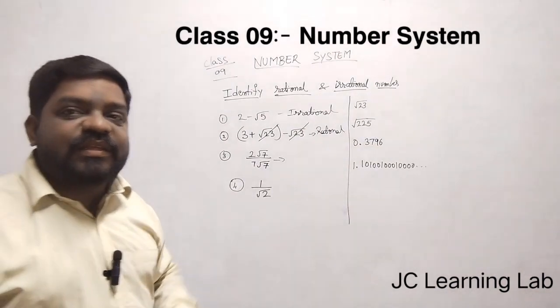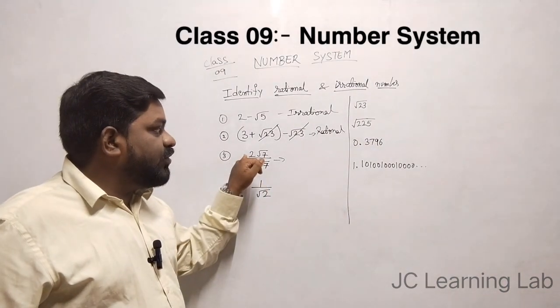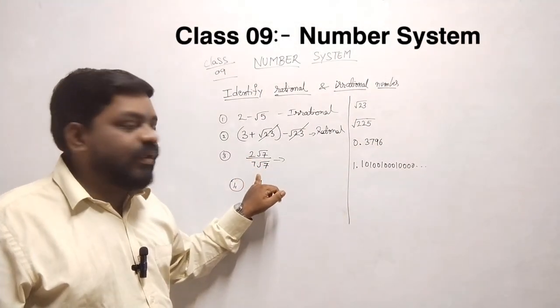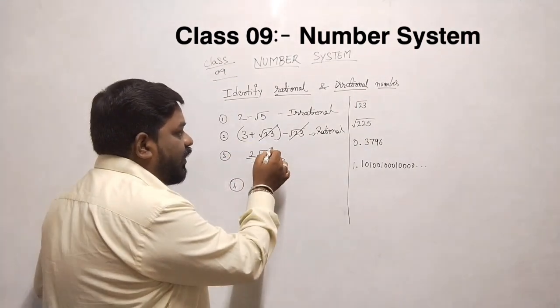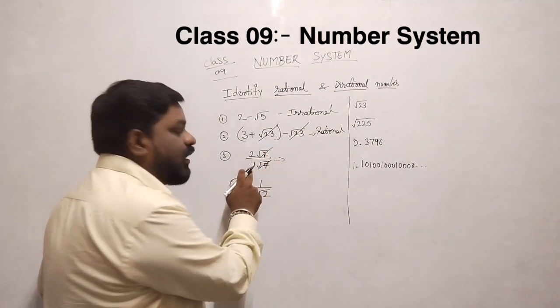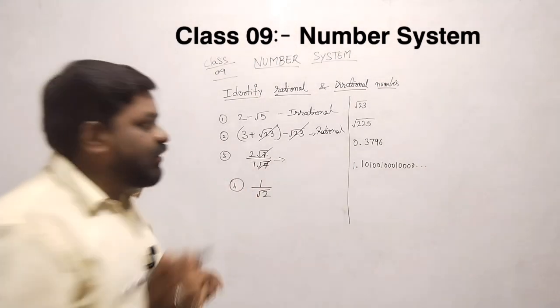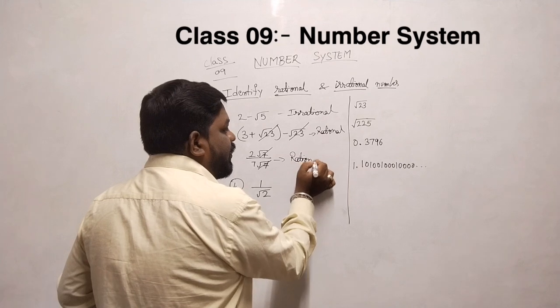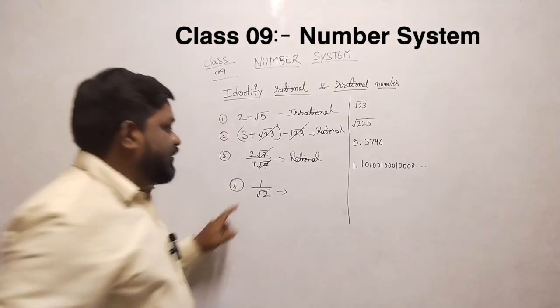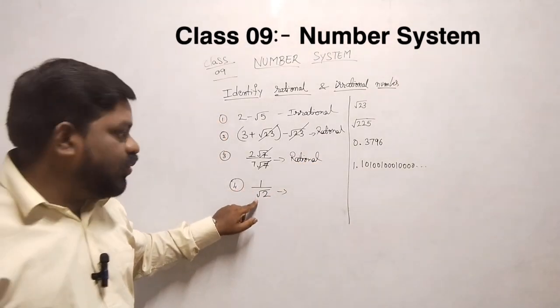Now in the next example we have 2 root 7 by 7 root 7. In numerator and denominator root 7 is the same and it cancels, and the number becomes 2 by 7. So 2 by 7 is a rational number. Next, 1 by root 2.